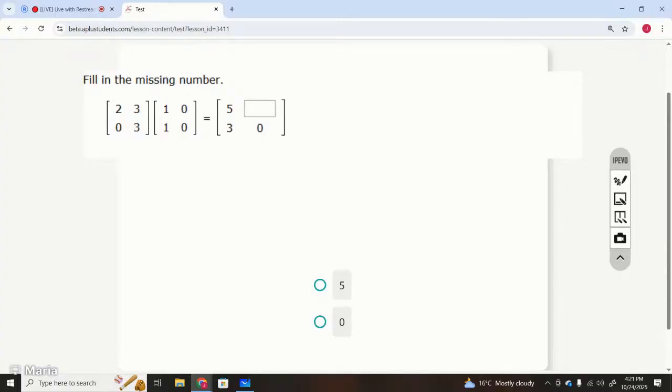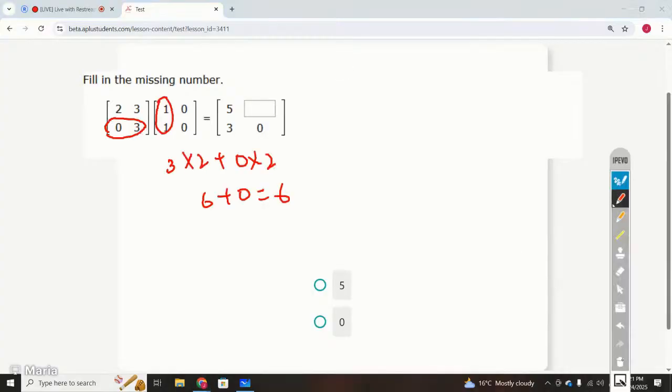Fill in the missing number. That is in row 1, column 2.